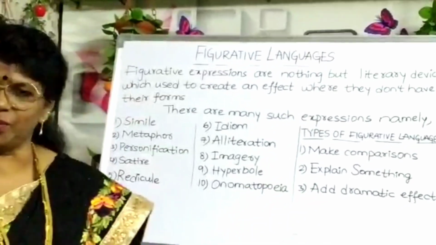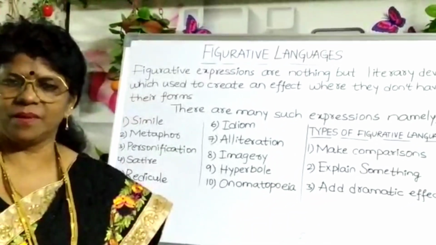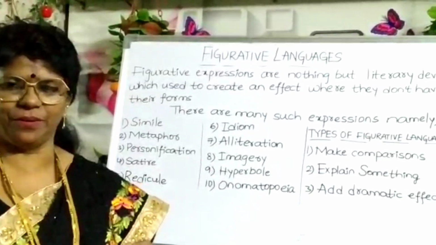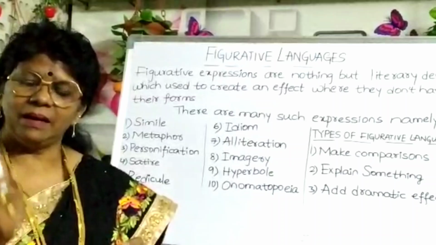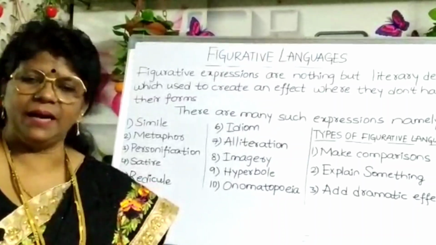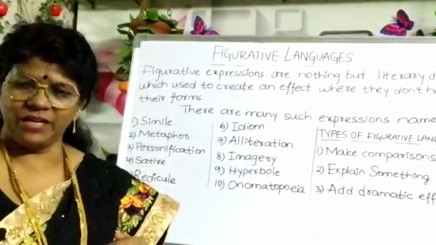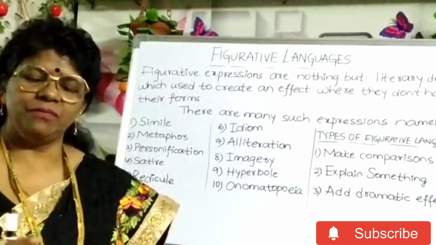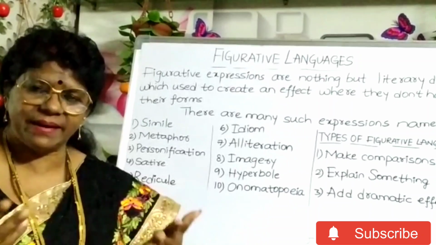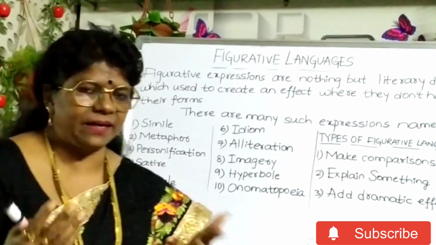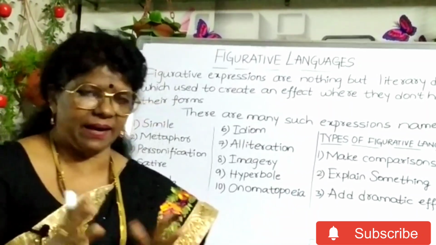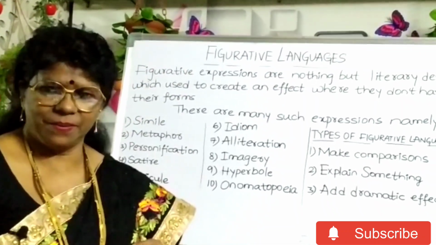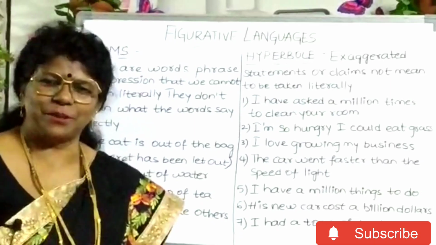Example, the moon came down, peeped through the window, laughed at me and asked me to get up. Is it possible for the moon to come down? Such figurative speech we use to exaggerate, to give more entertainment to the readers. Okay, that is nothing but figurative speech. Come on, get back to me.